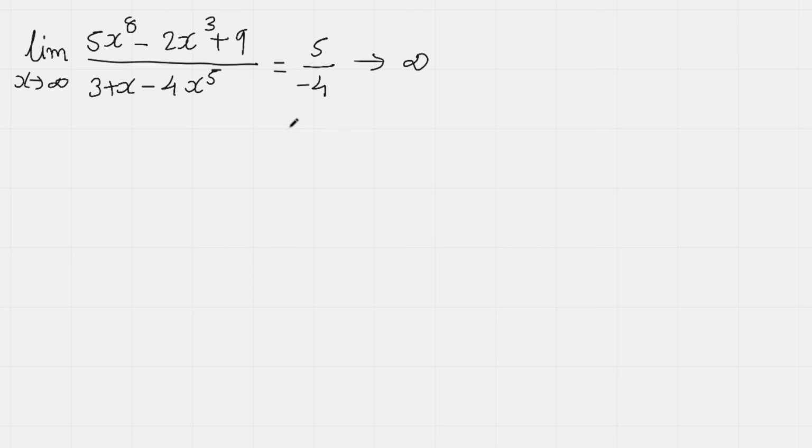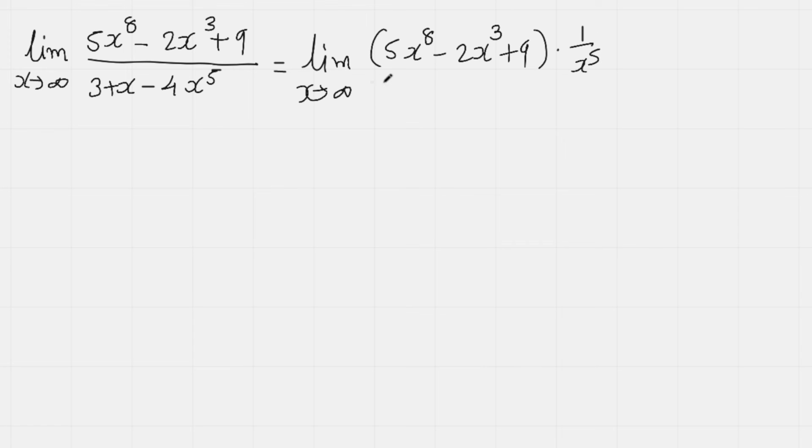Okay, so let us divide the top and bottom by x^5, since the degree of the bottom is 5. So this will be equal to the limit as x approaches infinity of (5x^8 − 2x³ + 9) divided by x^5, and in the bottom we will have (3 + x − 4x^5) divided by x^5.